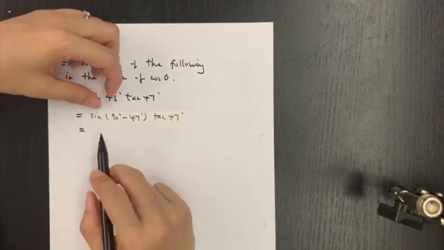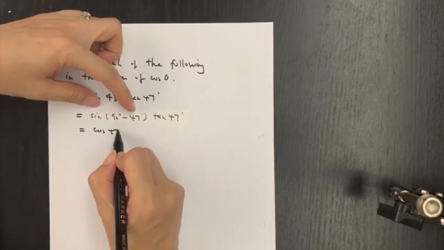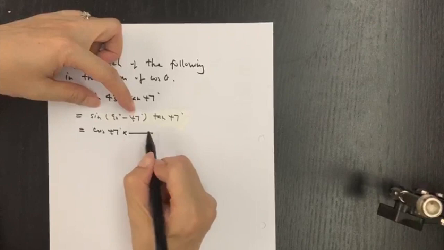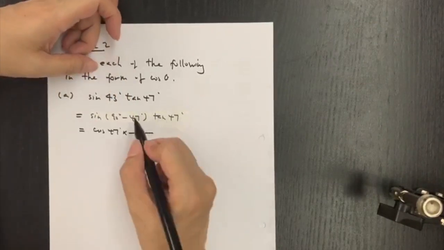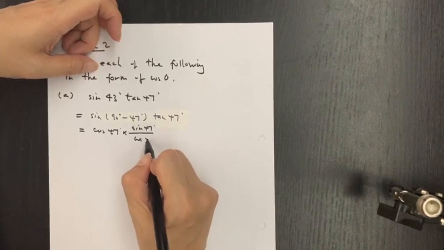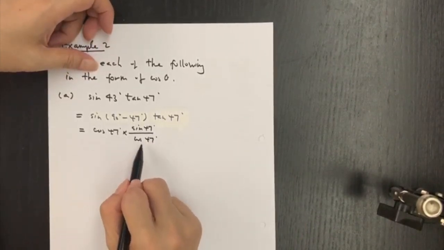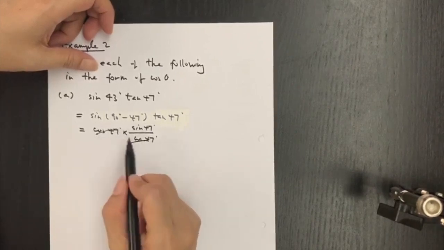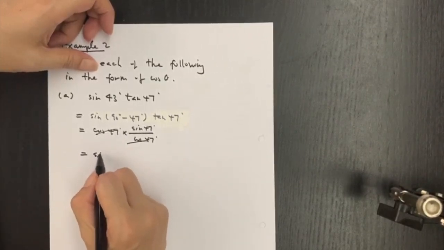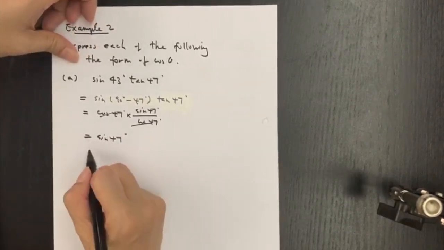And sine 90 minus 47 is equal to cosine 47, and now I can change tangent 47 into sine 47 over cosine 47. Therefore, this cosine 47 and this cosine 47 cancel out, and my answer is sine 47.